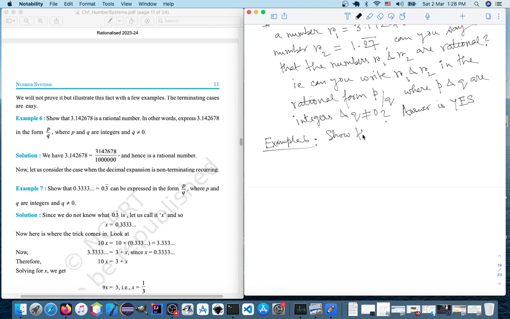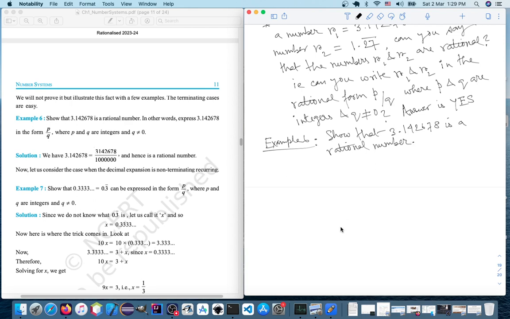Show that 3.142678 is a rational number. Now this is easy because we know the decimal expansion is terminating.